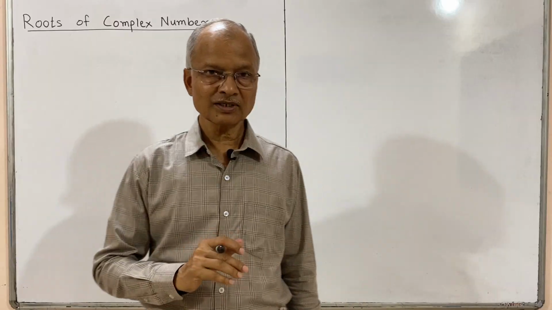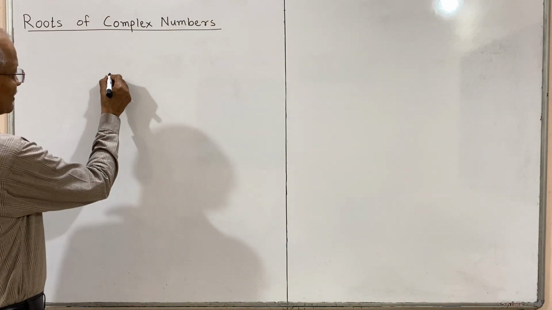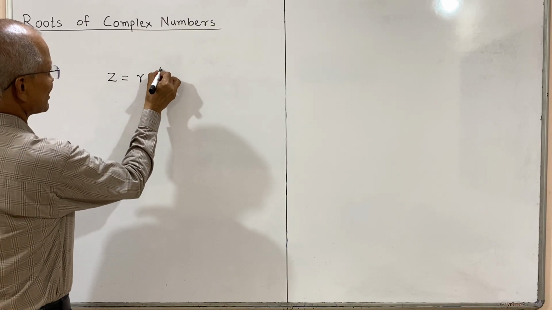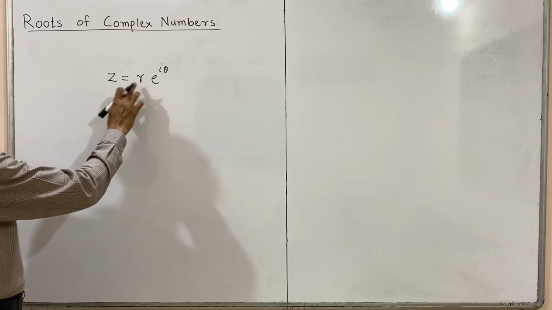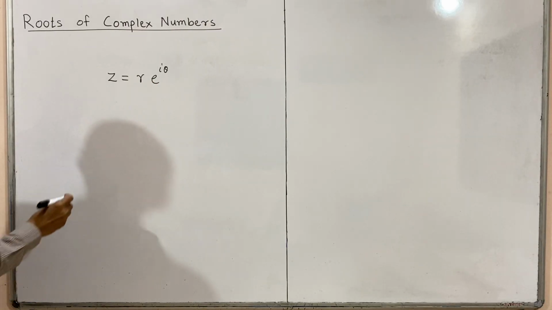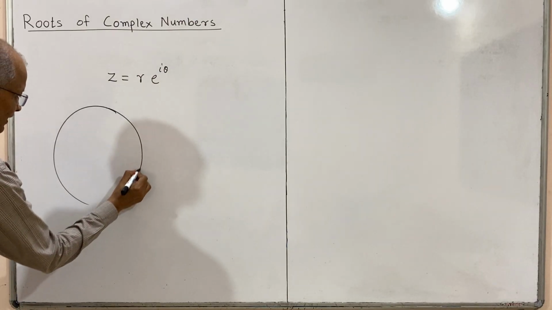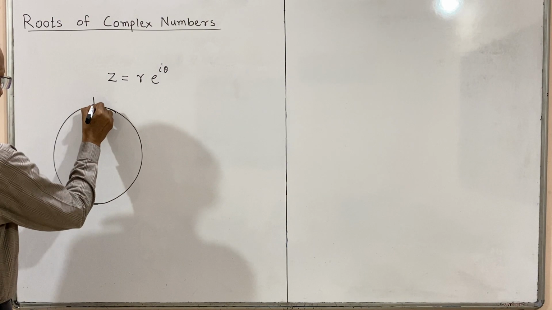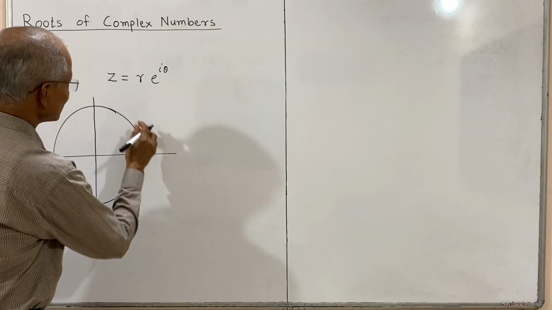We have earlier seen that a complex number can be written in exponential form as z is equal to r e power i theta, where r is the modulus of this complex number and theta is the argument. Or we can represent this complex number as a circle having center at origin and whose radius is r.